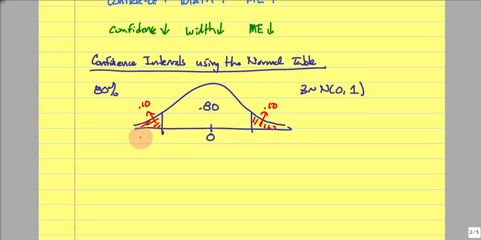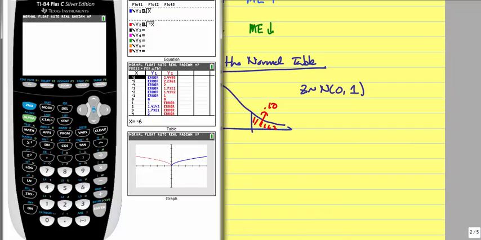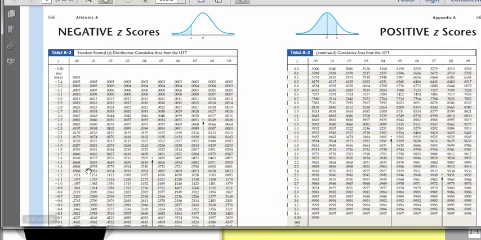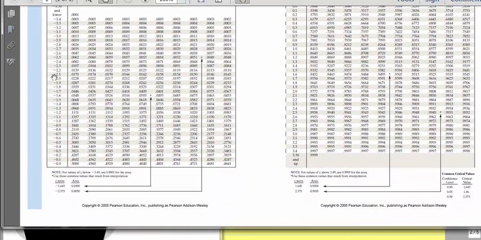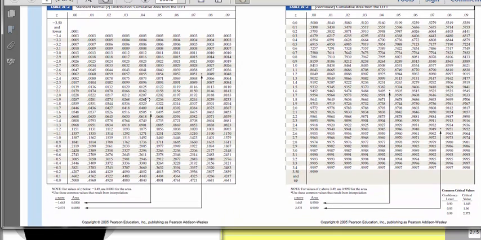Now, in order for me to find this confidence value, I go to my normal tables and I look up 0.10 in the bottom or the left tail. Okay, now I'm not looking on the outside because the outside is the number I'm looking for. I'm looking for this shaded area on the inside. So I'm looking through here and I'm trying to get the closest I can to 0.10.